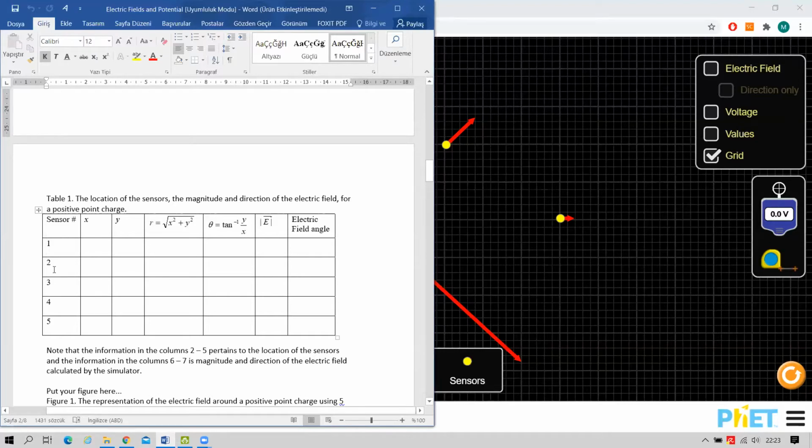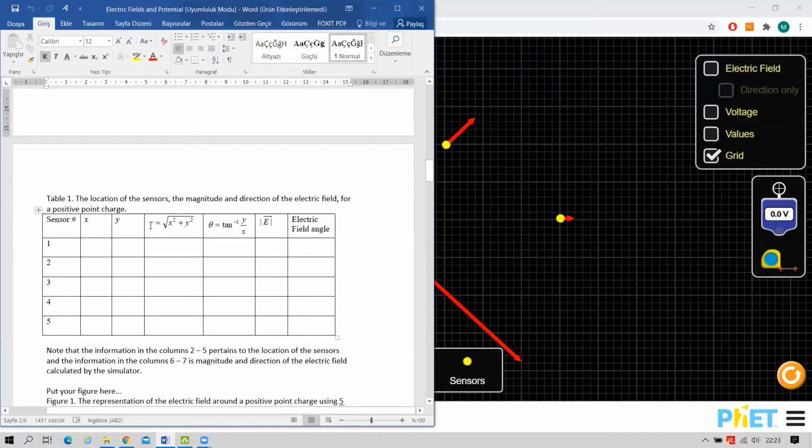And the second column is labeled as X. That means the X coordinate of the first sensor should be put over here, and the X coordinate of the second sensor should be put over here, and so on. Also, Y coordinates over here.